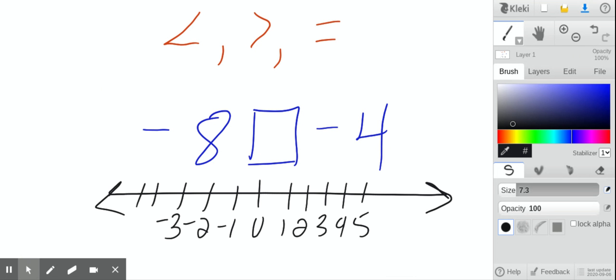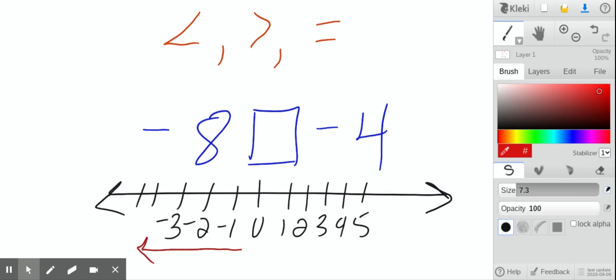Just talking negative numbers only, on the left side of the number line, the further left you go, the smaller the value gets, all right? If you just remember this, the larger the negative, the smaller the value, it makes it so much easier.